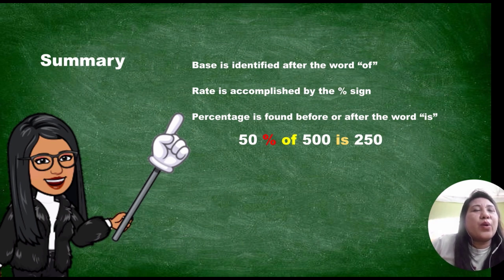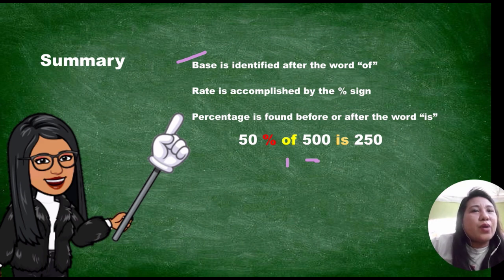So we are going to look for the word of. This is your of. Meaning, what comes after the word of is 500. So it's very easy to identify. 500 is your base.